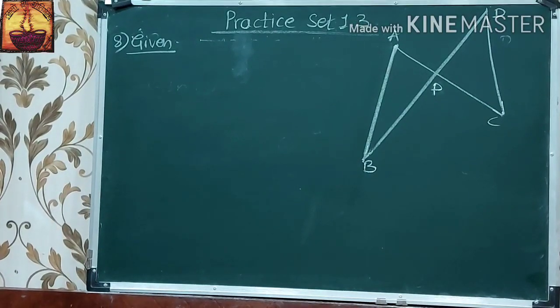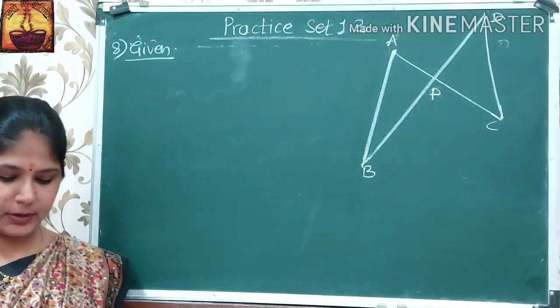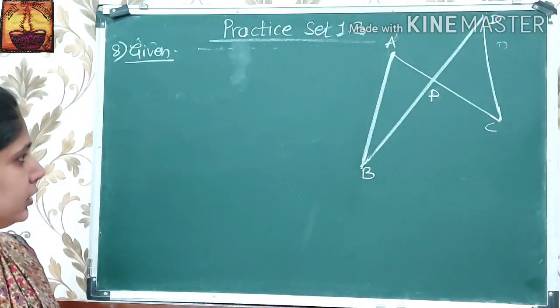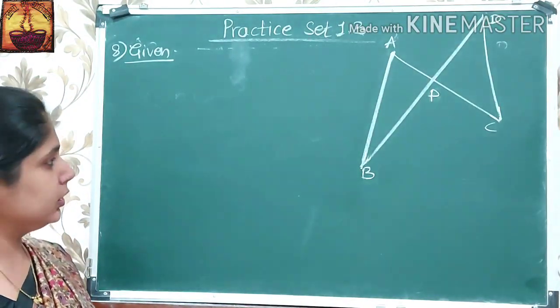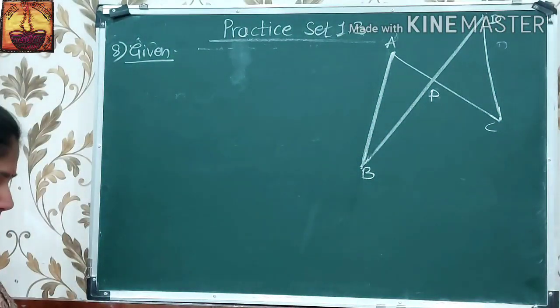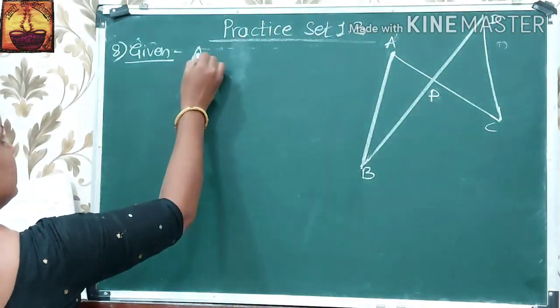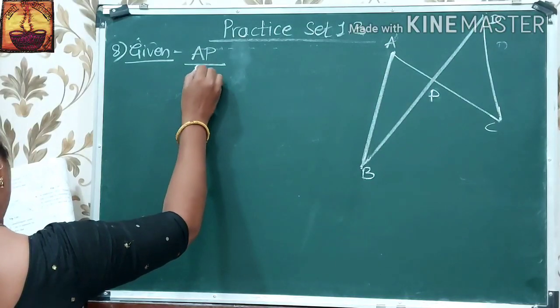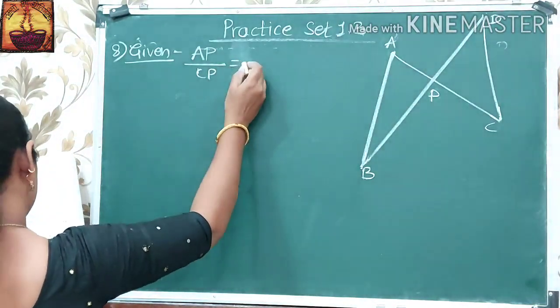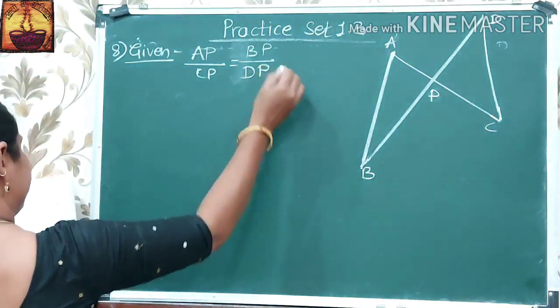Now, 8th question is, in the figure, segment AC and segment BD intersect each other in point P, and AP upon CP is equal to BP upon DP. Here, write it in given part: AP upon CP is equal to BP upon DP.